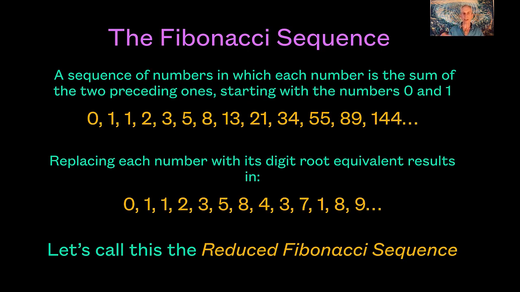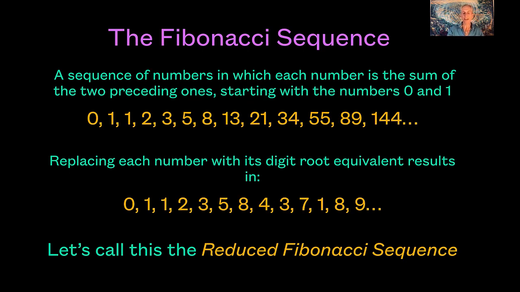Before I move on, I just want to point out that in digital root math, this rule of adding the previous 2 numbers to get the next number in the sequence still works. For instance, if we add 8 and 4 together, that adds up to 12, which equals 3. If we add 4 and 3 together, that gets 7.